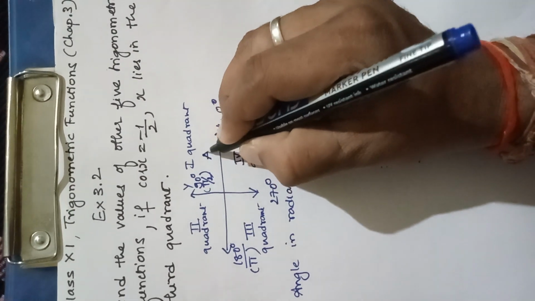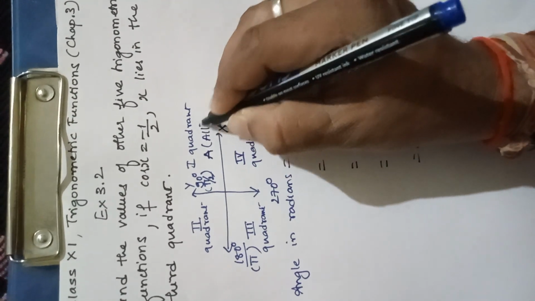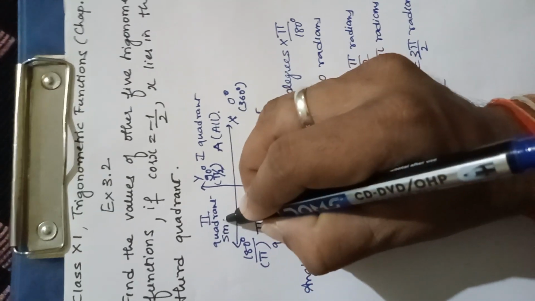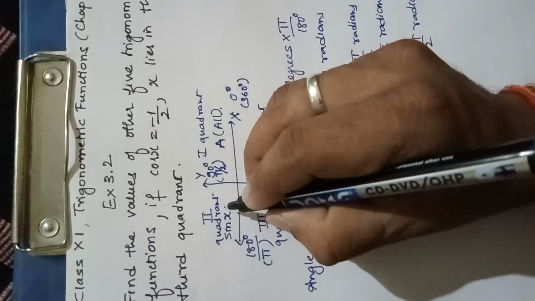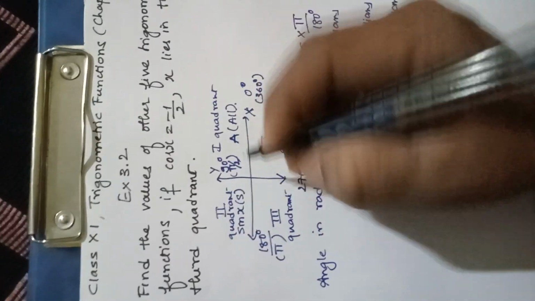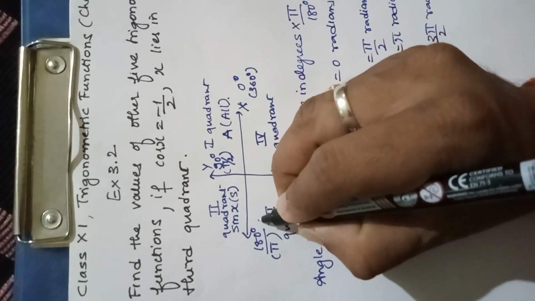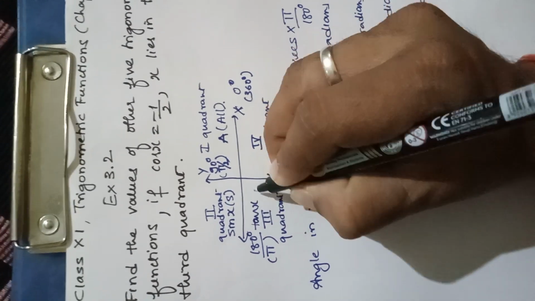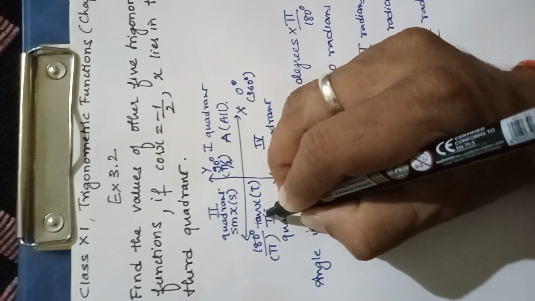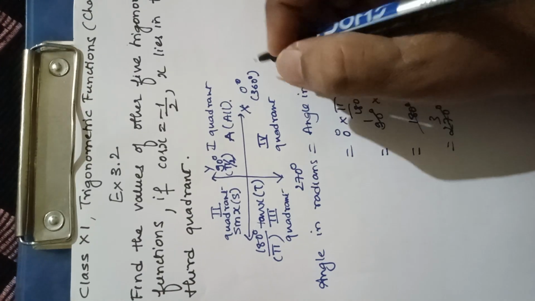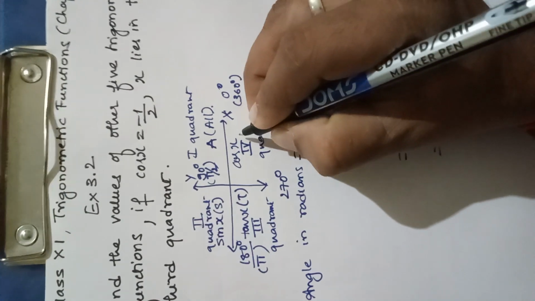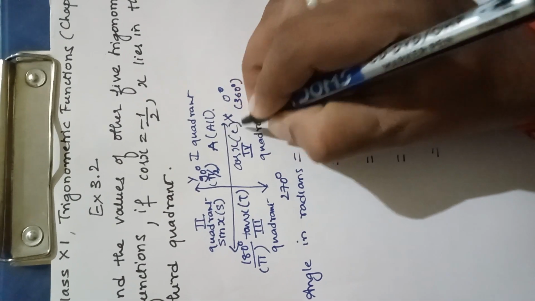I'll write A here, where A stands for all. In the second quadrant, sine x or sine theta will be positive, so I'll write S for sine. In the third quadrant, tan x will be positive, so I'll write T for tan. And in the fourth quadrant, cos x will be positive, so I'll write C here.